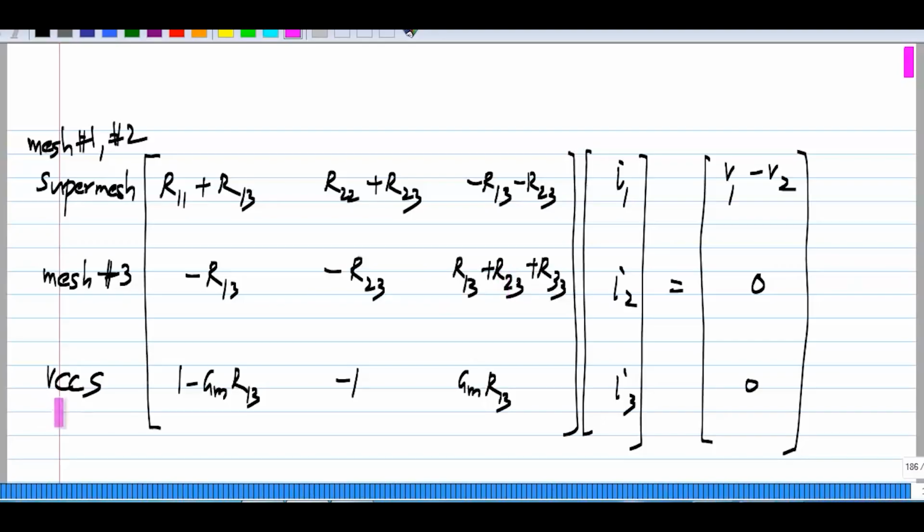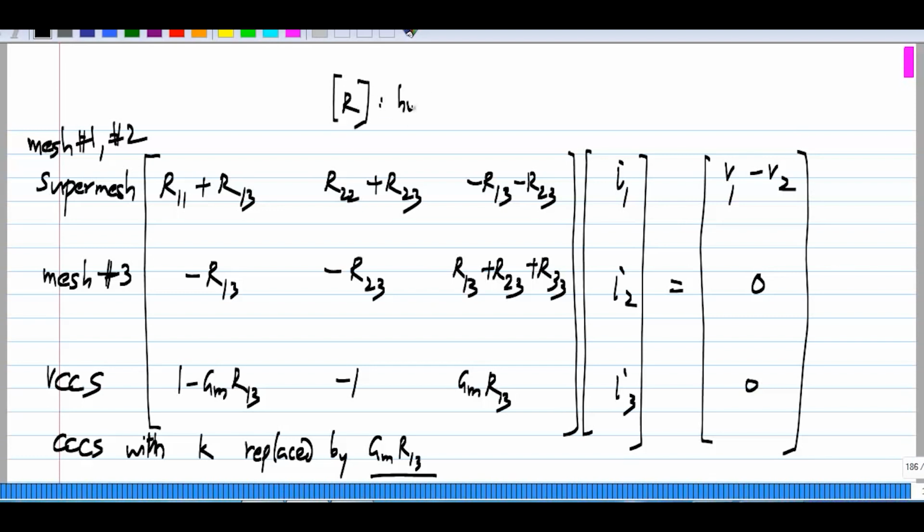And finally we have the voltage controlled current source, and this is analogous to a current controlled current source with K replaced by Gm R13. So that's all that's there to it. And again, you see that the resistance matrix here is hybrid. It has both quantities with dimensions of resistance in the first two rows and dimensionless quantities in the third row.